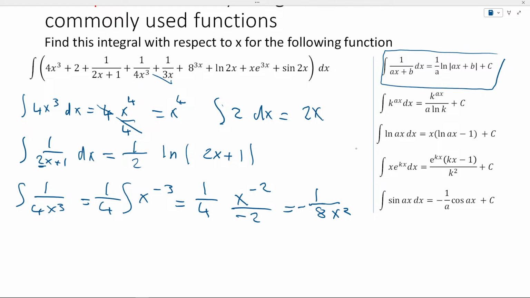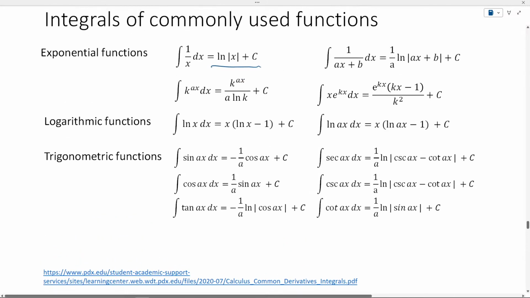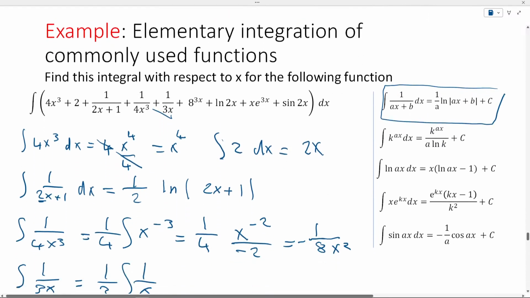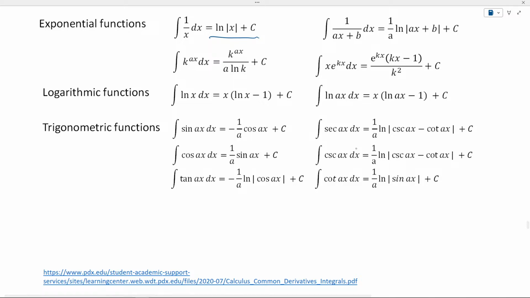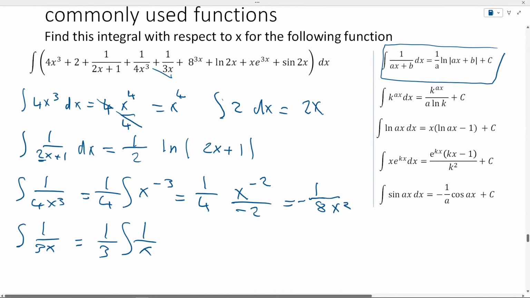Let's do this one, which is 1 over 3x. 1 over 3 is a constant, so I get this out, and then 1 over x. And 1 over x, remember, is a special case. 1 over x, that's ln x.